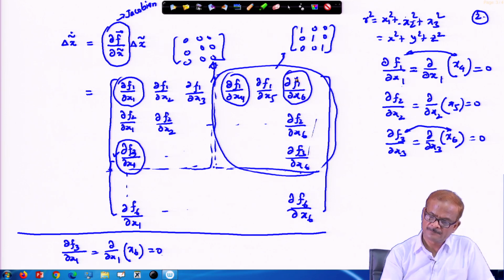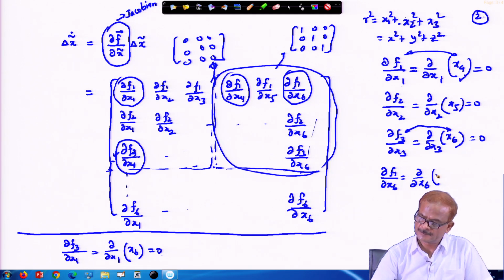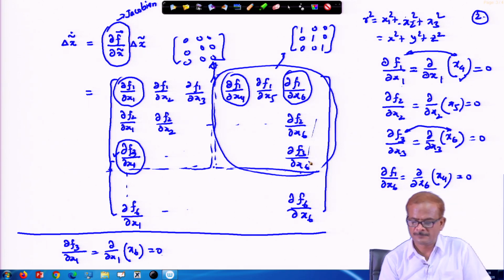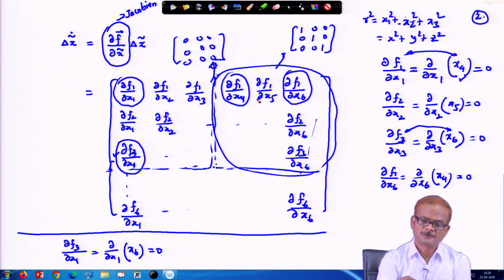Let us say dou f 1 by dou x 6. f 1 is x 4, from this place we are getting, so this quantity is again 0. So, this way all the off-diagonal terms of this partition will be 0.